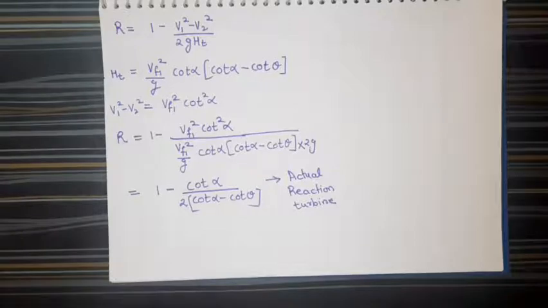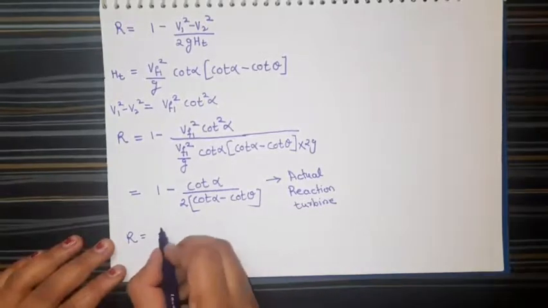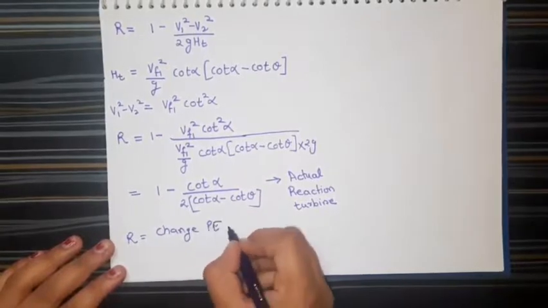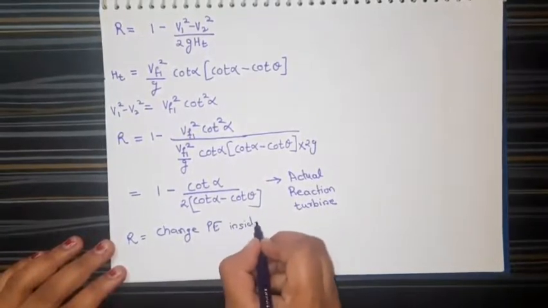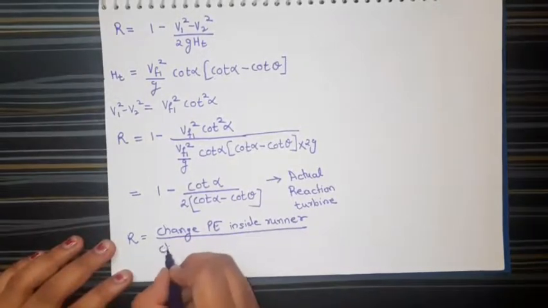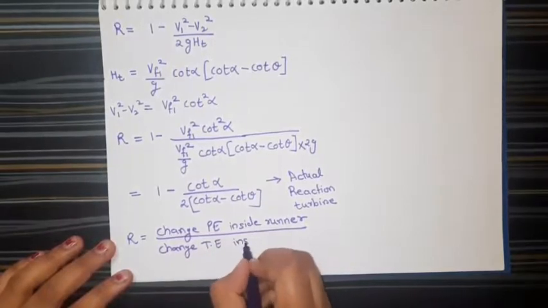Basically it is a percentage of how much pressure energy out of the total energy is responsible to convert into the work done, and it is defined as the change in pressure energy inside runner to the change in total energy inside runner.